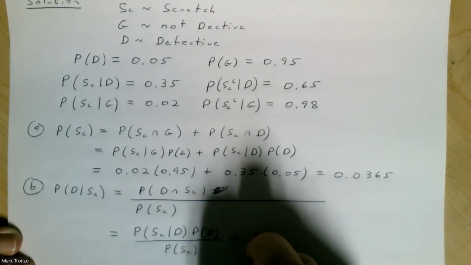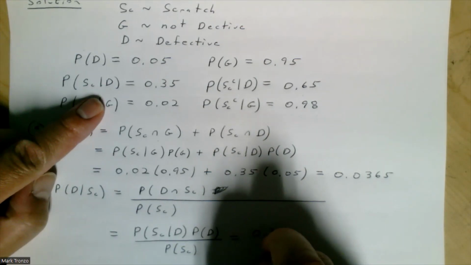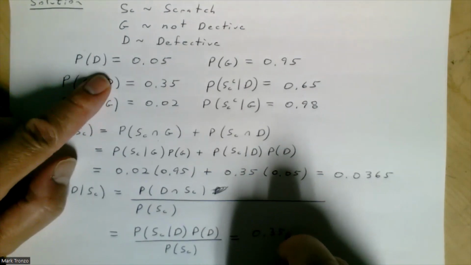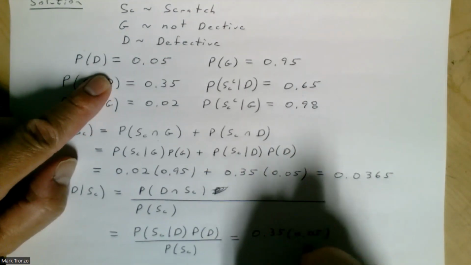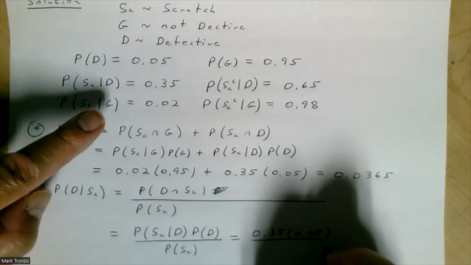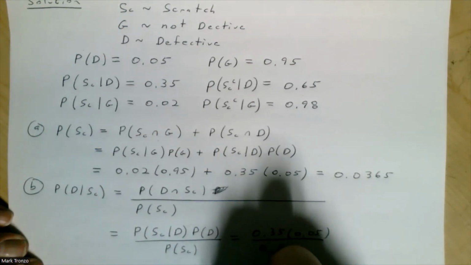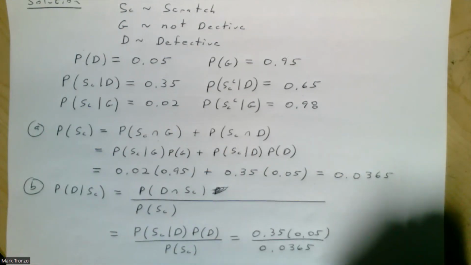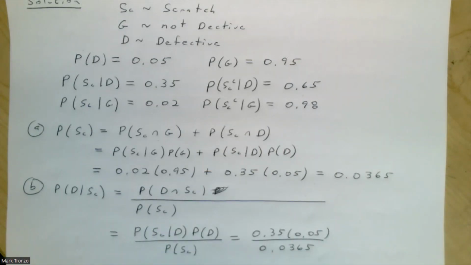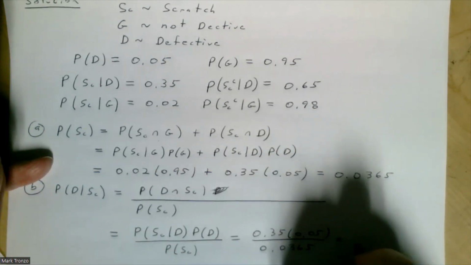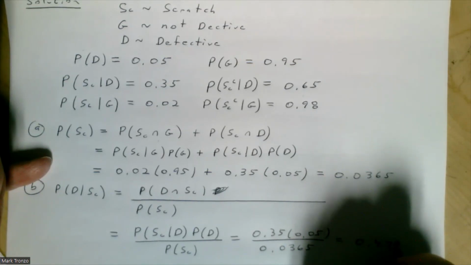And so this is going to be 0.35 times 0.05, over the probability of scratch, which was up here, 0.0365, like that. And put that in your calculator, we get 0.479.